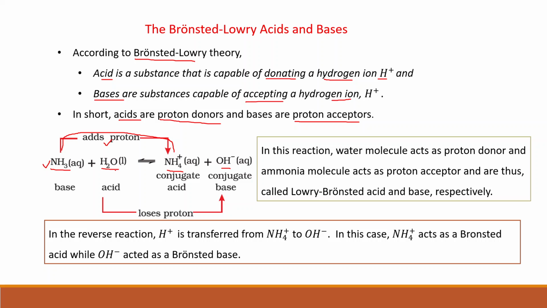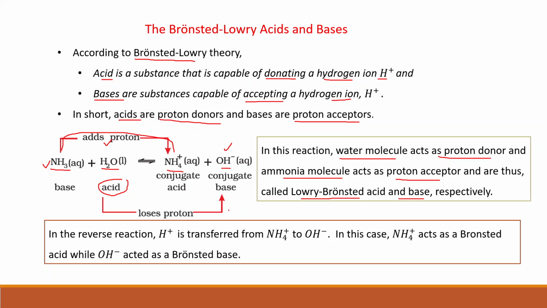And this H2O is converting into OH minus ion by losing a proton, so we can say H2O is an acid. So in this reaction, the water molecule acts as a proton donor and the ammonia molecule acts as a proton acceptor, and are thus called Lowry-Brönsted acid and base respectively.